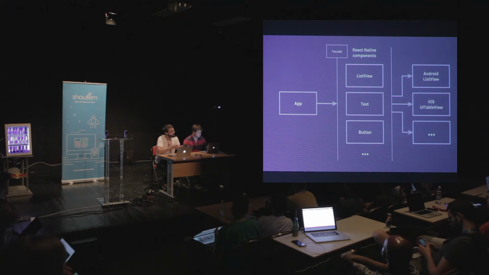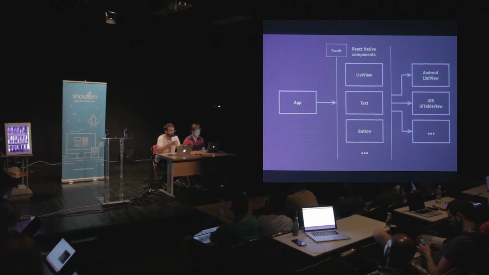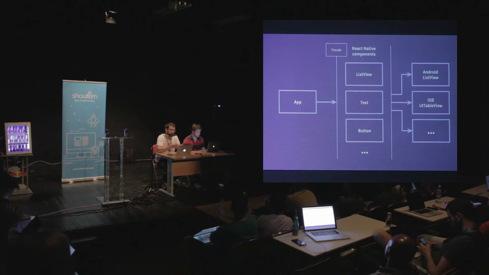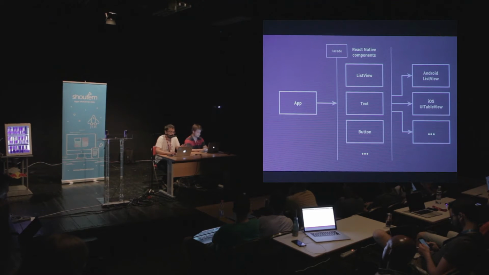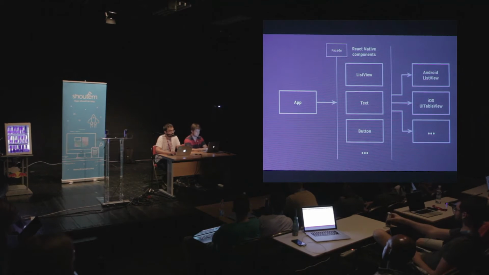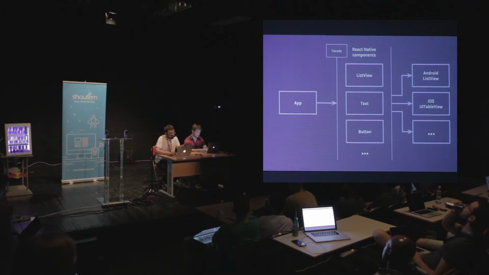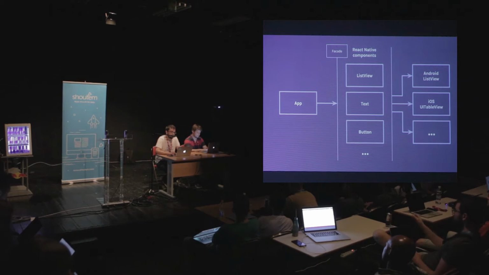So here you would use in React Native the list view component, which is exposed by React Native. And depending on the platform, whether you're using iOS or Android, React Native itself would know which native component it should use to render the list. So if you run your code in an Android environment, it would use Android ListView. If you render that list in an iOS environment, it would render UITableView. So this is not something that you would need to handle yourself. This is something that React Native will provide by default.